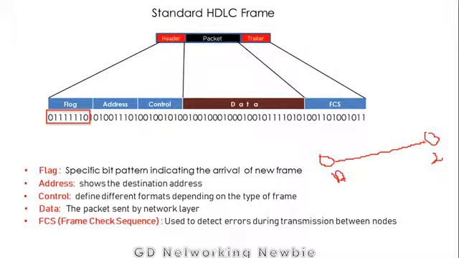Then this router, by using this field, can check if some errors have been introduced during the transmission. And if the frame has been corrupted, if our frame has some errors, then this router can actually discard that frame and it will not process it. And if there are no errors, then this router can process it for further delivery to the next hop or to the destination. So this is the job of the frame check sequence.